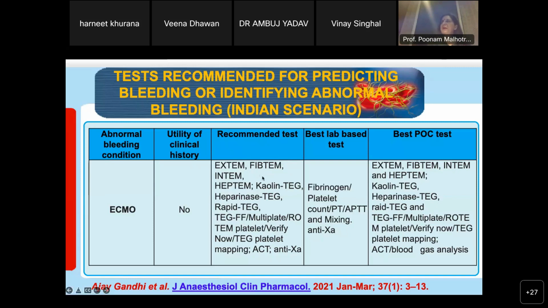This TEG platelet mapping, or total platelet mapping on aggregometry, tells us the function of the platelets when the patients have discontinued, or whether the residual effect of heparin, or of any antithrombotic agent like dabigatran, or an antiplatelet agent like aspirin or clopidogrel, is still there in the patient.